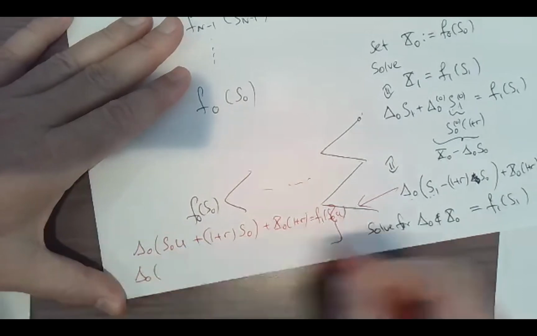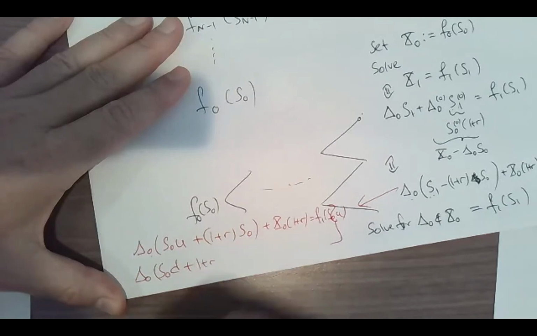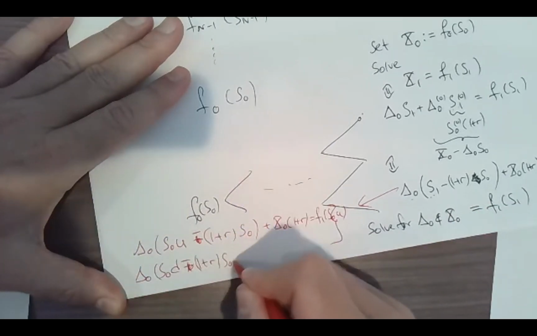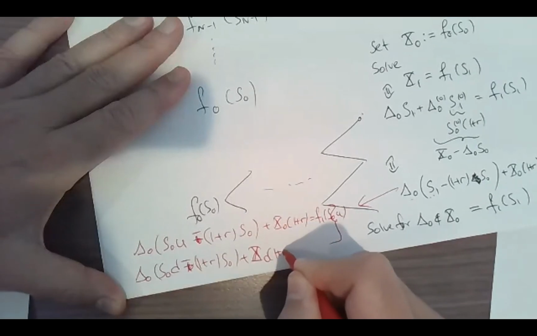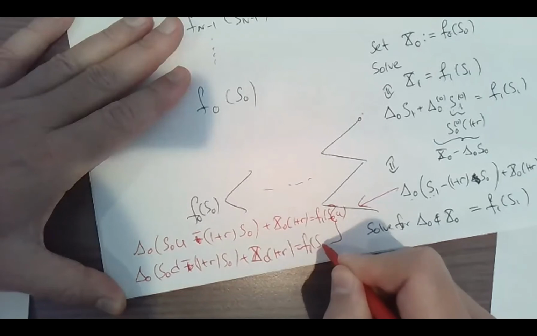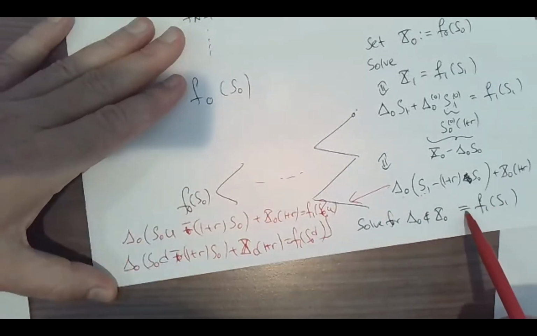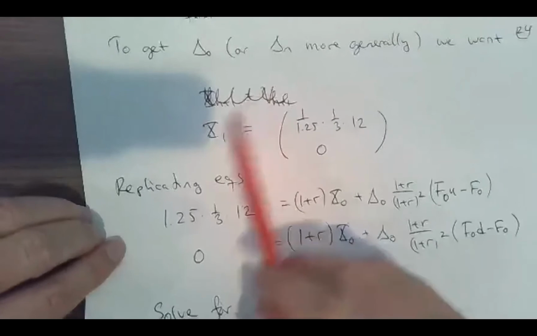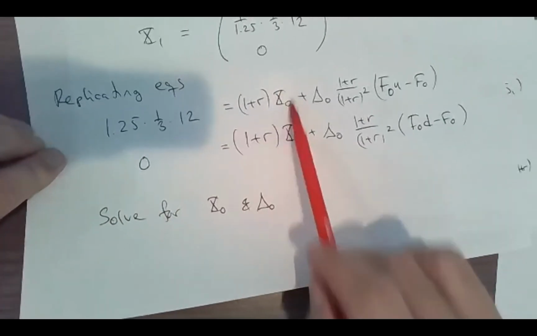It breaks out into delta 0 S0D, minus, it is a minus, plus x0 times 1 plus R. This is F1 of S0 times D. Right, this equation here breaks into these two. And just as with this one over here, you want your x1 to be equal to whatever we had on the right hand side, so it breaks into these two equations.